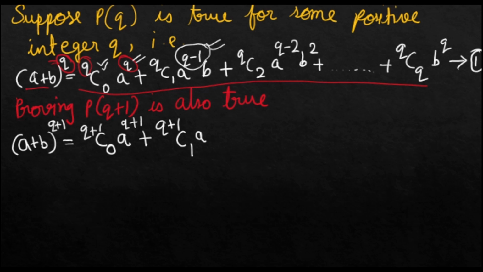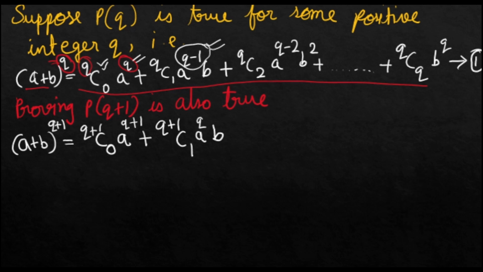As we know, the power of A decreases by 1 at each term. So simply what we will do, q plus 1 minus 1. So what will be left behind? You will simply cut. What will be left behind? This q. So write it clearly. We got a to the q. Now the B starts from here. So I will write b.